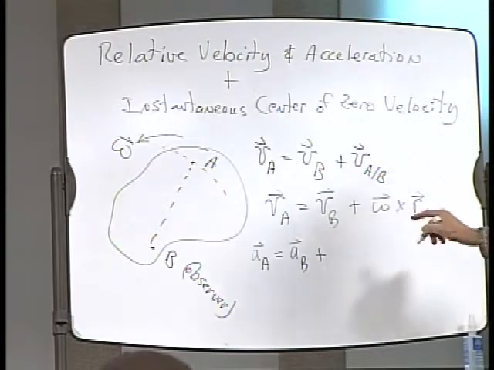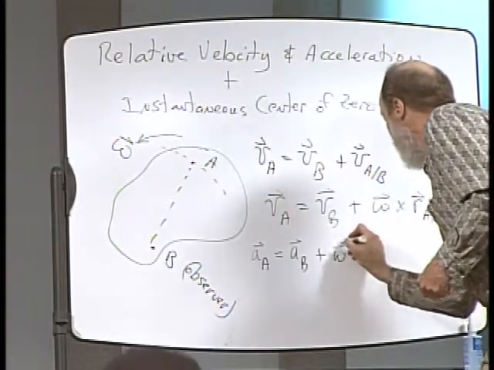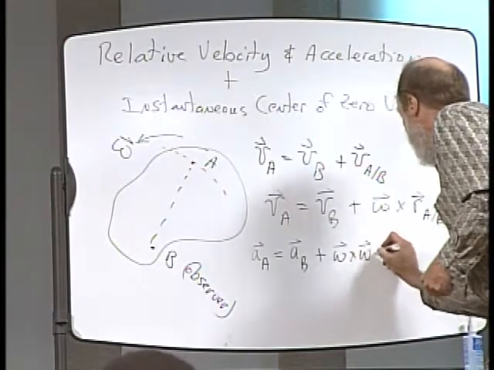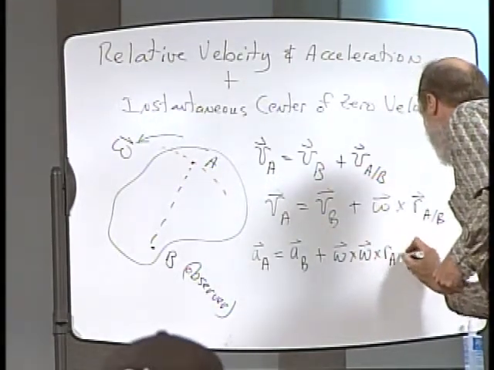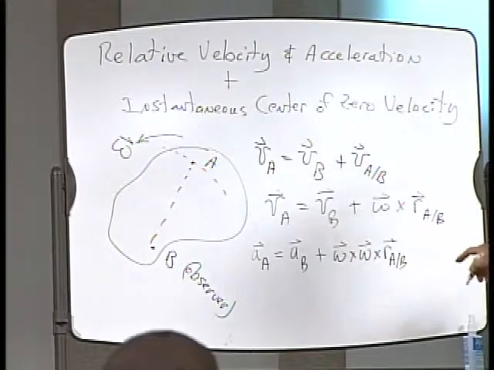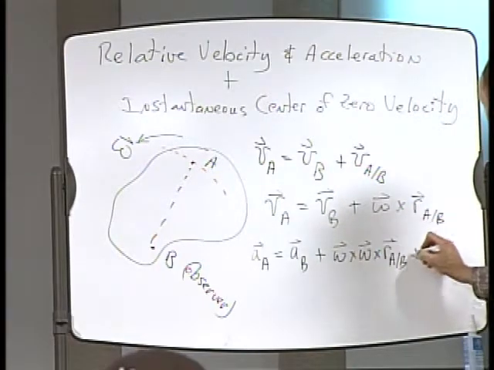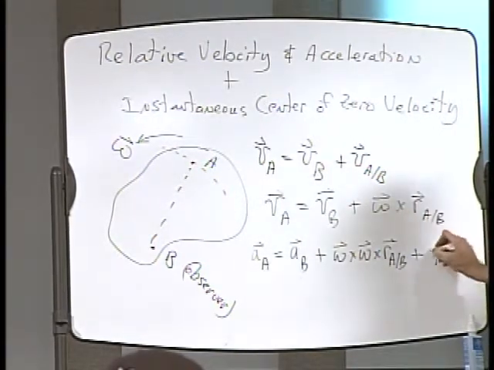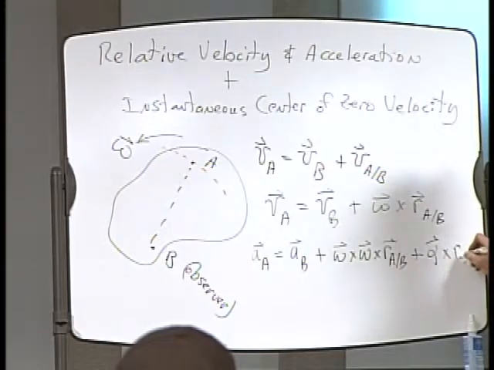And what that yielded was omega cross omega cross r of A relative to B, plus alpha cross r of A relative to B.